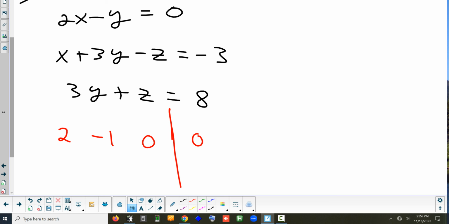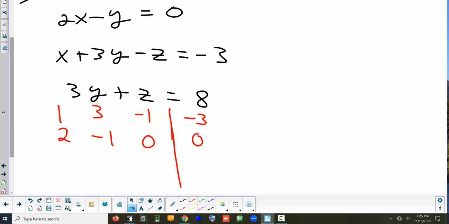So if we swap it, what would that top row be now? X plus 3y minus 2. So just the numbers. 1, 3, -1, -3. So our middle row just became the top row. That's a swap.